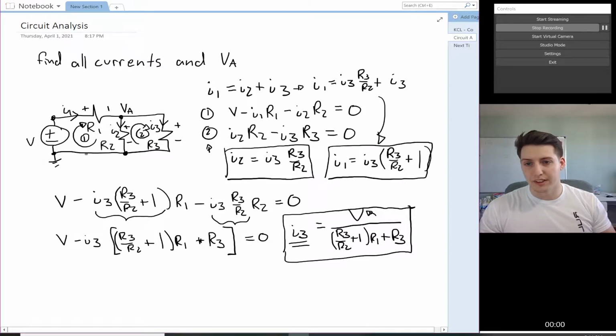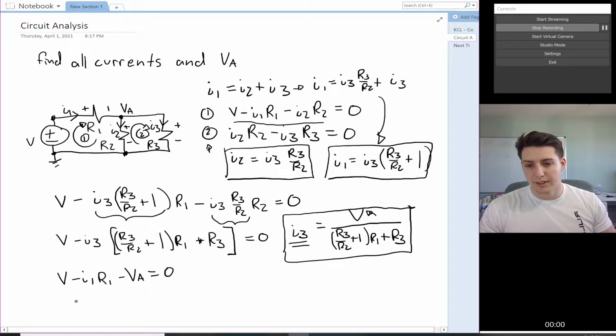Now we can look at this first loop again, and we can actually look at this first equation, and we can rewrite that as V minus I1 times R1 minus VA equals 0, because this voltage to ground is just VA.